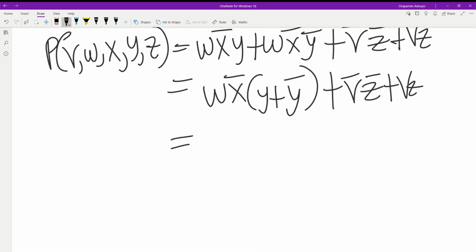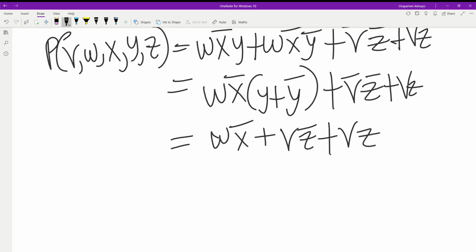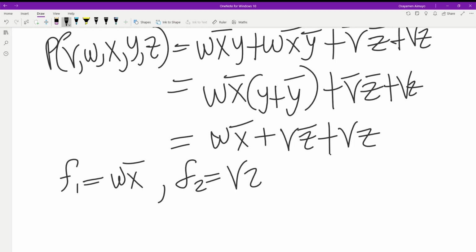So we have this set up here, which is nice. All we have to do is decompose these. Let's say f1 equals wx bar, and f2 equals v bar, and then vz.